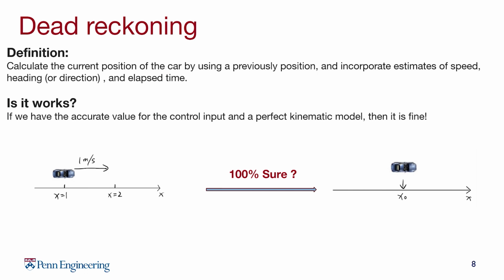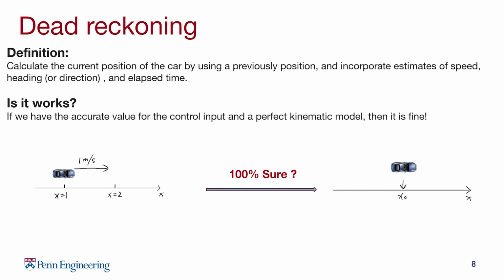The definition is, if we want to calculate the current position of the car, we can use only the previous position, and we incorporate the estimation of our speed, heading, and elapsed time. Let's take a simple 1D example.